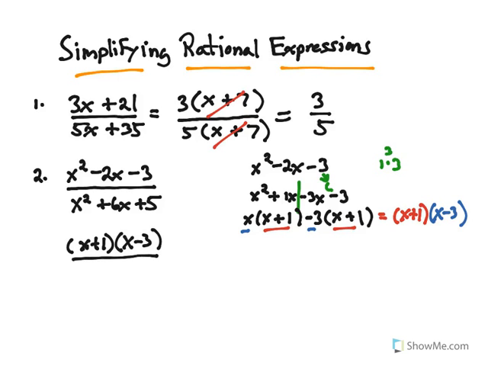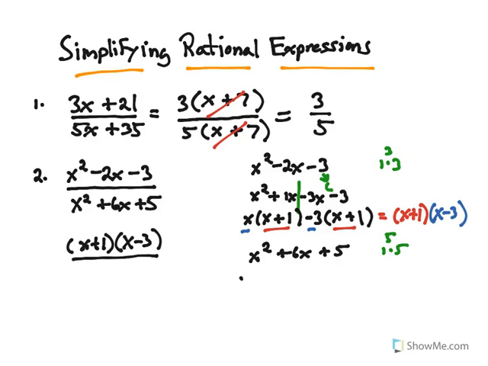Now I need to factor the other trinomial, so I'm going to write that over here: x squared plus 6x plus 5. And we want to find all the factors of the C term, which is 5. Again, the A coefficient is 1, so we don't need to multiply 1 times 5. So all the factors of 5 would just be 1 and 5, and those are the ones we're going to pick because that's the only choice we have.